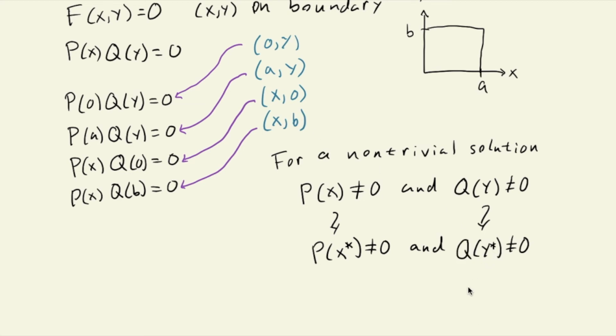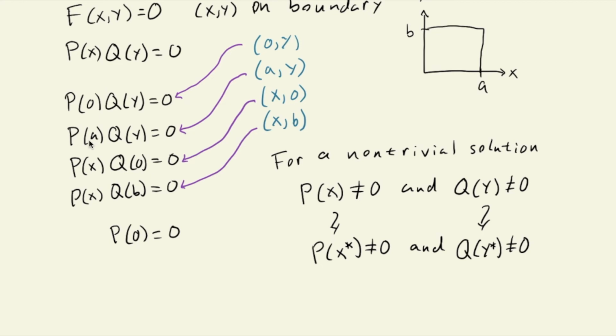So q of some point y star is not 0. So p(0) times q(y) is equal to 0 for all choices of y. In particular, I can choose y equals the y star that I know. And so I can deduce that p of 0 must be 0, because q of y star is not 0, and two numbers that multiply to 0, one of them must be 0. So what we find is that p of 0 has to be 0.